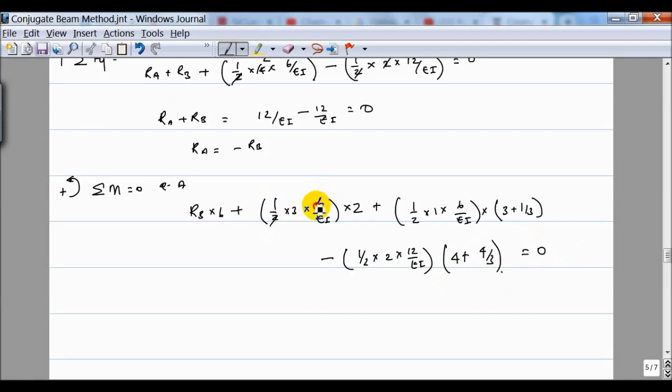So this is 3, so 6 RB plus 3 into 6, so 9 into 2, 18.